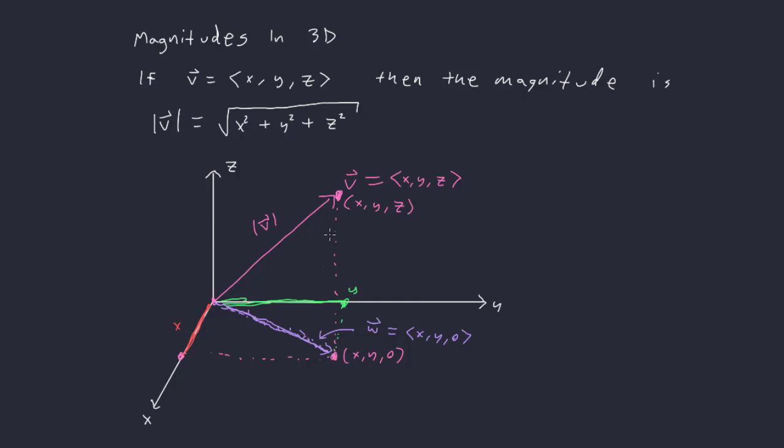And the length of this shadow that it's making on the xy plane, so if you imagine a light shining straight downwards, it's making a shadow vector, which some would call an orthogonal projection. I don't want to get too deep into the woods there, but its length is going to be the magnitude of this vector. And from what we established before, this magnitude is the square root of x squared plus y squared.